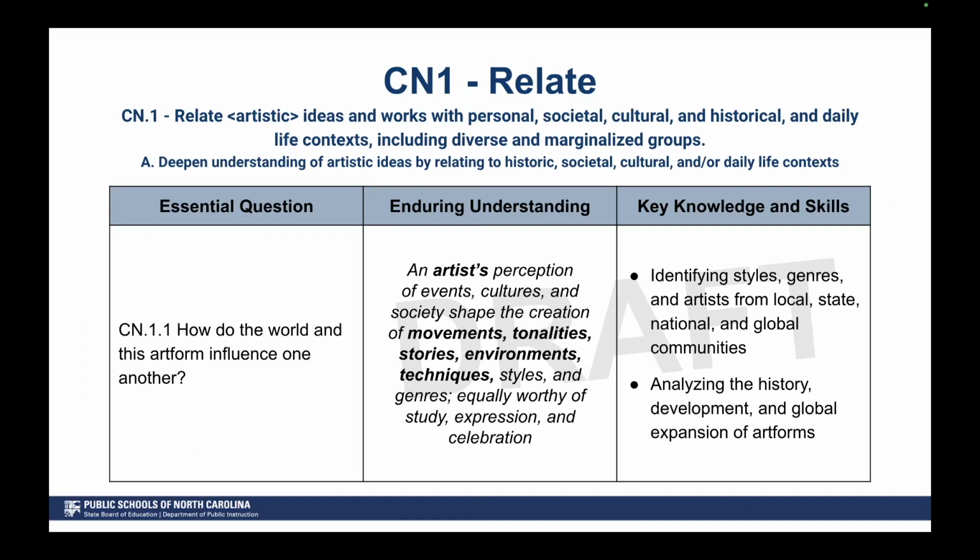So what this actually looks like in the classroom is probably really similar to the sort of work that you've done underneath the essential standards. It's for students to explore and be exposed to a variety of styles, genres, and artists from local, state, national, and global communities, as well as examining how an art form has developed across time. Please do not be overwhelmed.